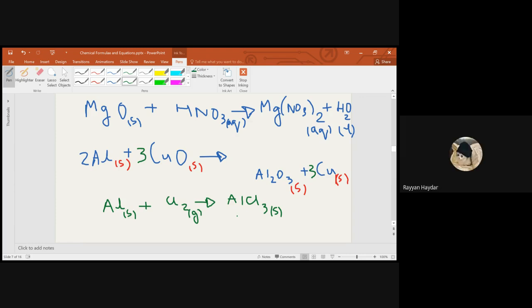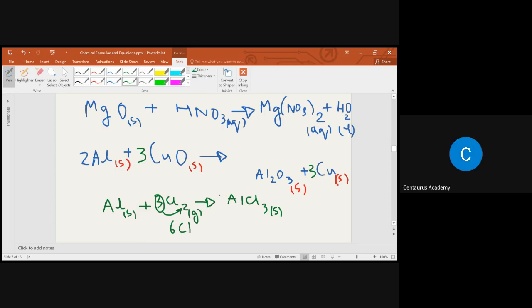We put a 3 next to Cl on the reactant side. This coefficient 3 means it is being multiplied with this 2, so a total of 6 chlorine atoms are now on the left hand side. Then we put 2 with aluminium chloride on the product side.